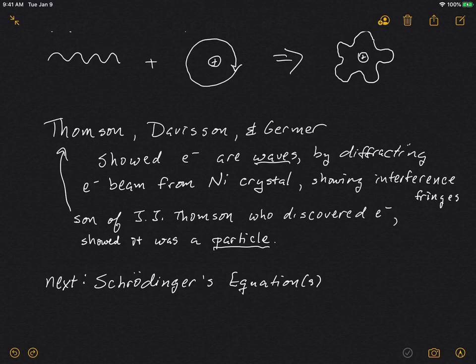So now we've established that electrons are waves. And through a series of interesting hypotheses, we've arrived at this point. And then the question is, how do we develop a way of talking about these waves, a way of predicting how these waves behave, a more solid theoretical framework for these matter waves? And that's where we introduce Schrodinger's equation, or equations, next.